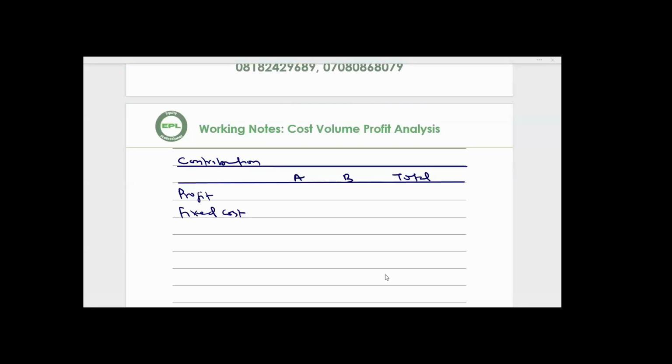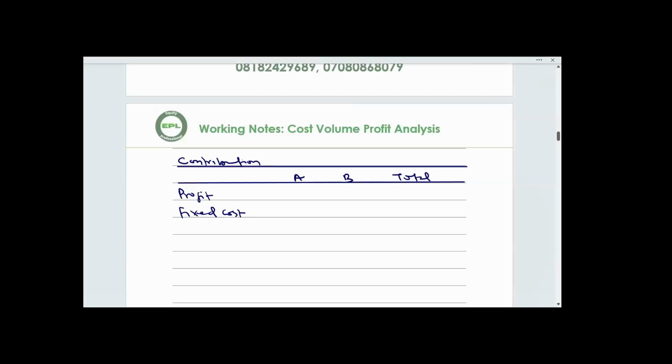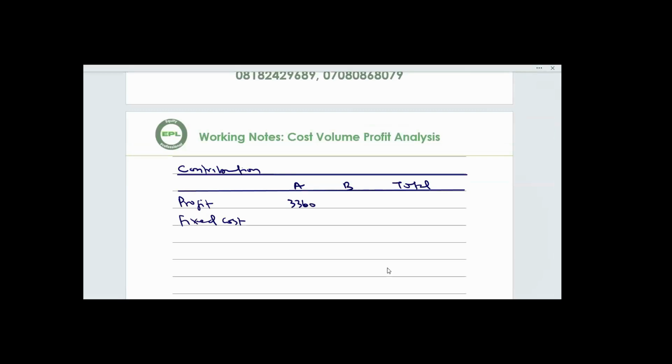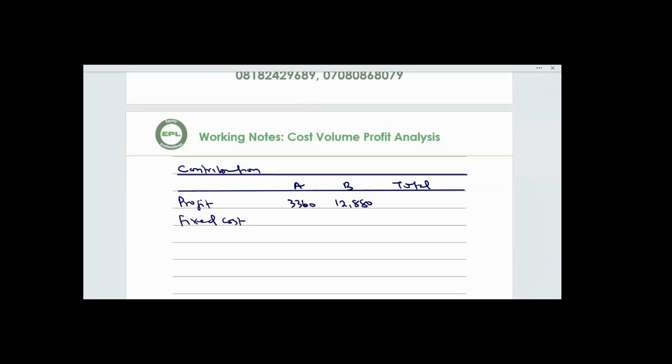The profit of A is 3,360. Profit of B is 12,880. All right. Then fixed cost.